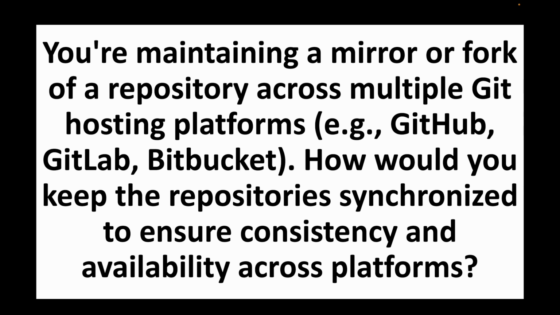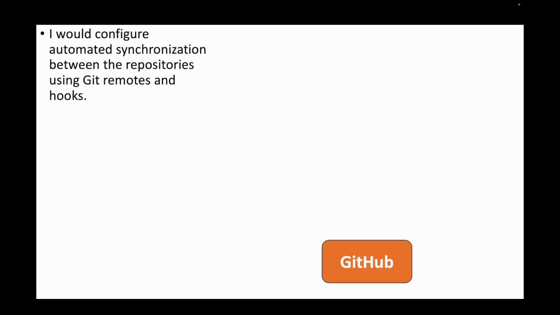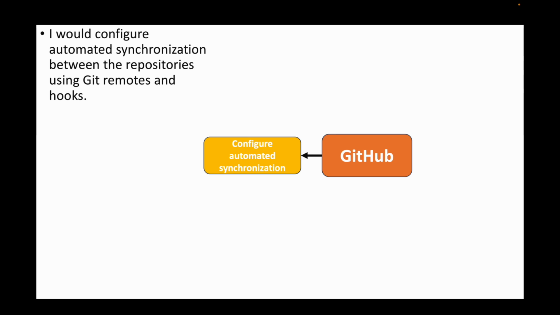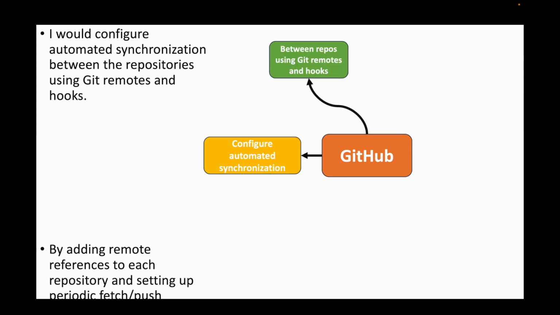The next question we have is, you're maintaining a mirror or fork of a repository across multiple Git hosting platforms, for example, GitHub, GitLab, Bitbucket. How would you keep the repository synchronized to ensure consistency and availability across platforms? So for this, we can configure automated synchronization between the repositories using Git remotes and hooks.